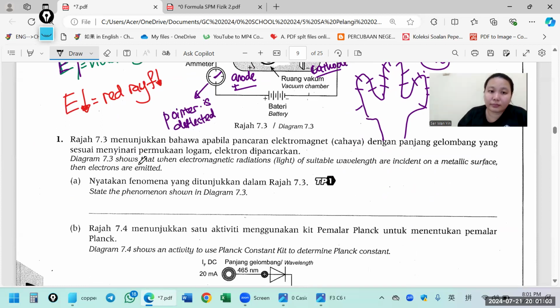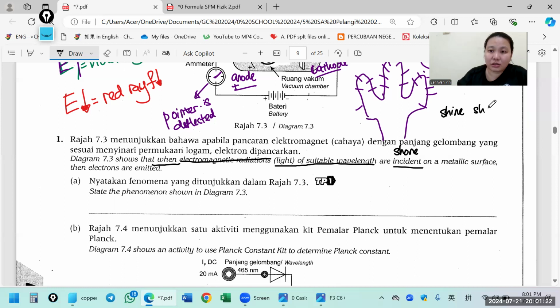When light of suitable wavelength is incident, or we say is shone, on a metallic surface, then electrons are emitted.